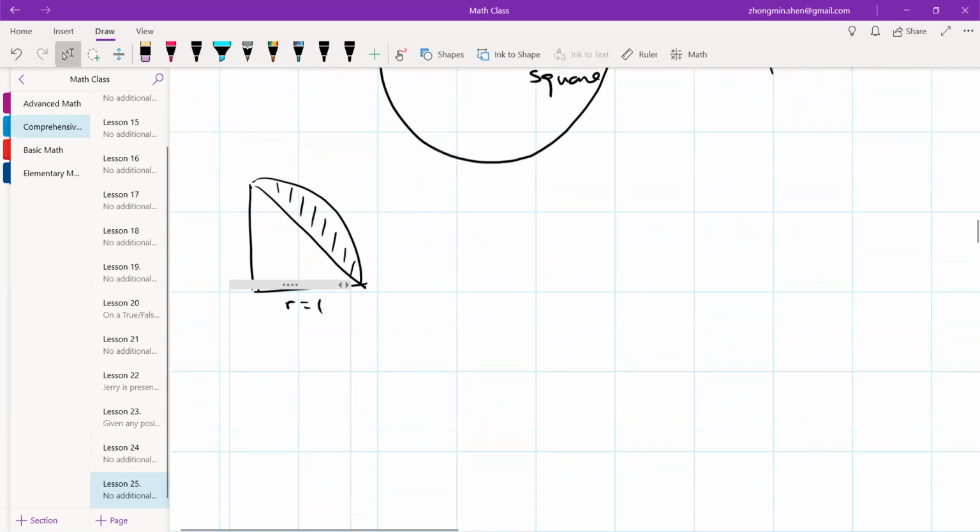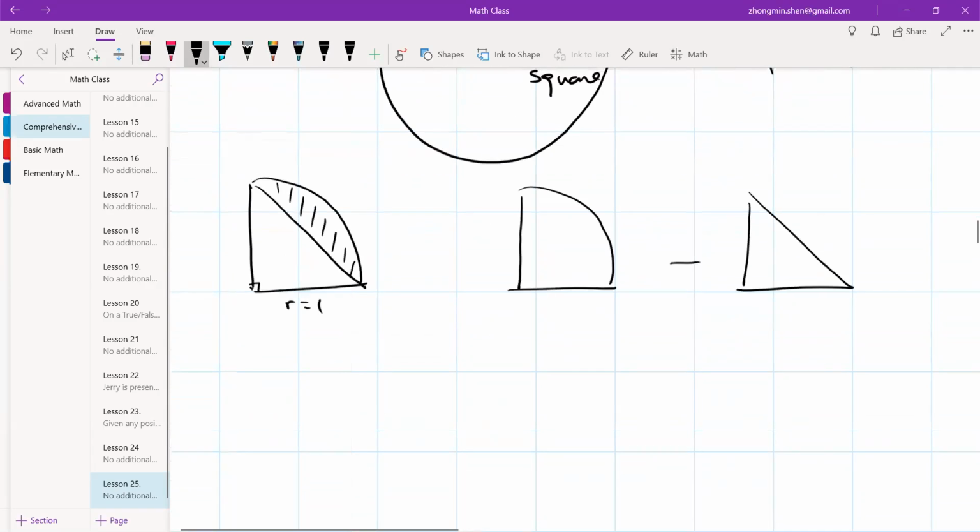Just use subtraction. So all you have to do is the area of this is going to be the sector minus this triangle, right? That's it. So the area of this part is going to be the difference of these two.